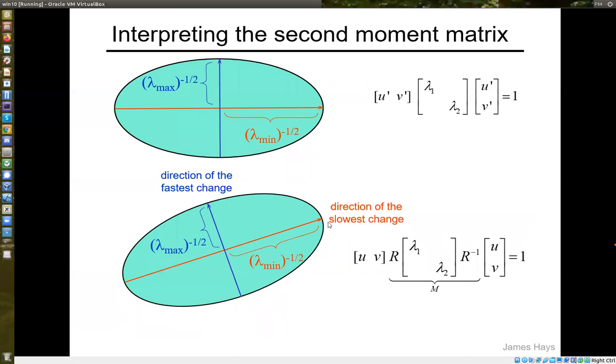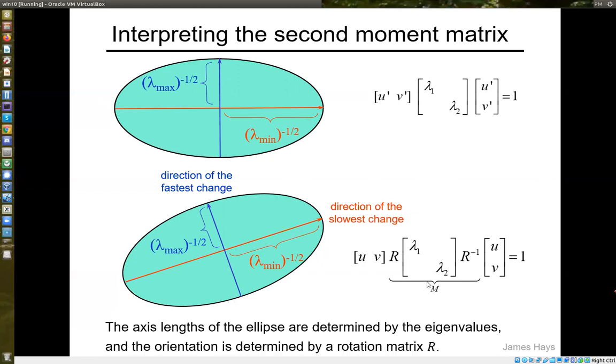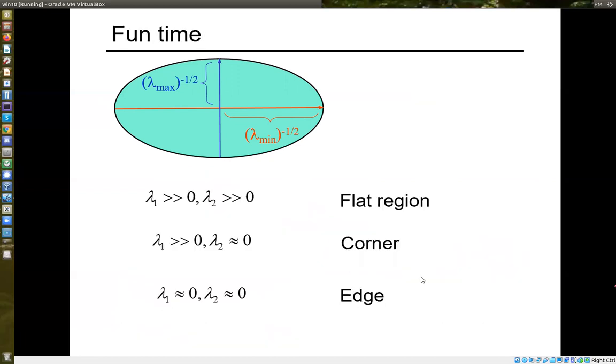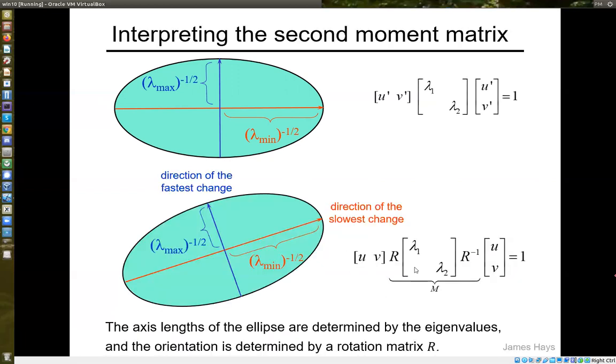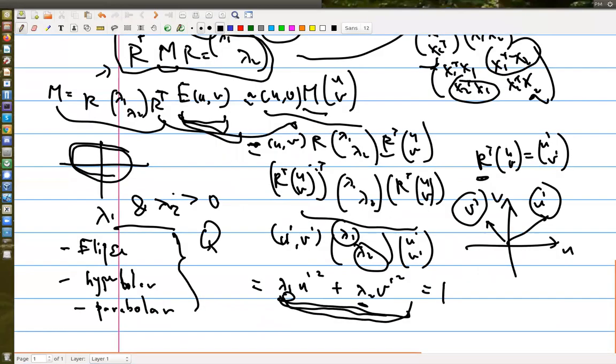And the shape of the ellipse is governed by lambda 1 and lambda 2, which are just the eigenvalues of M. So now let's go back to maybe a final question, I guess.